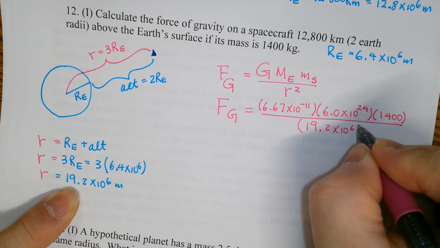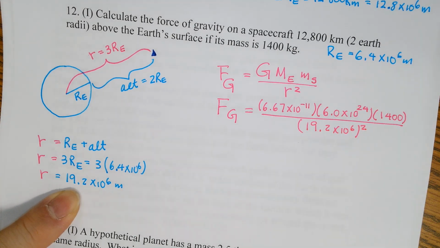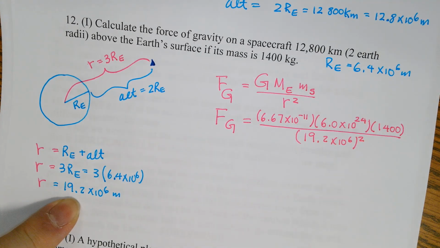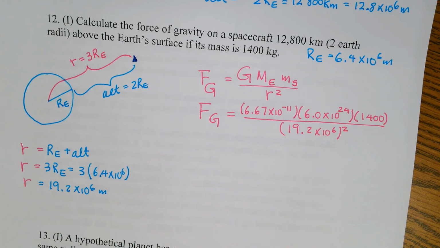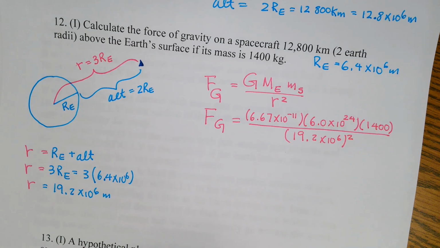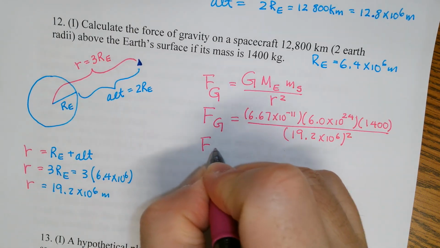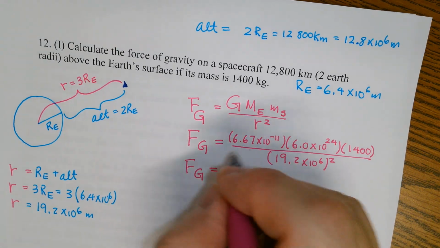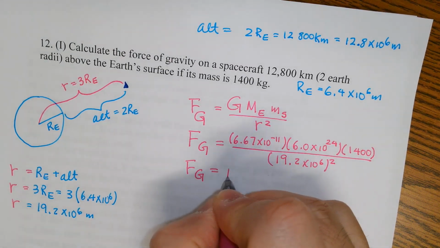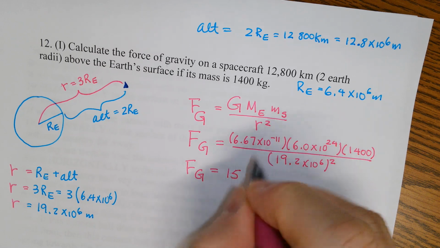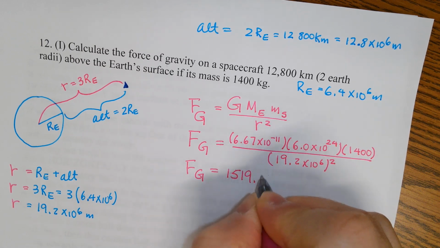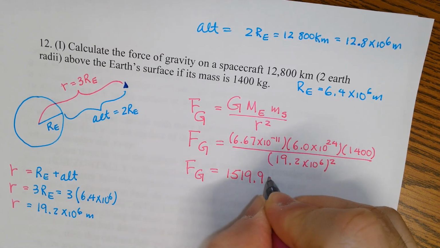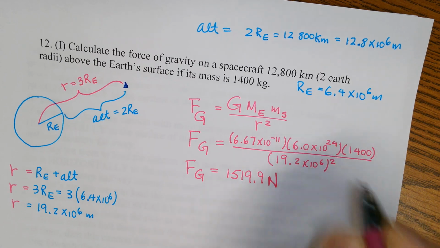You have to do quantity squared on that. So if you punch it in correctly on your calculator, you should get 1,519.9 newtons.